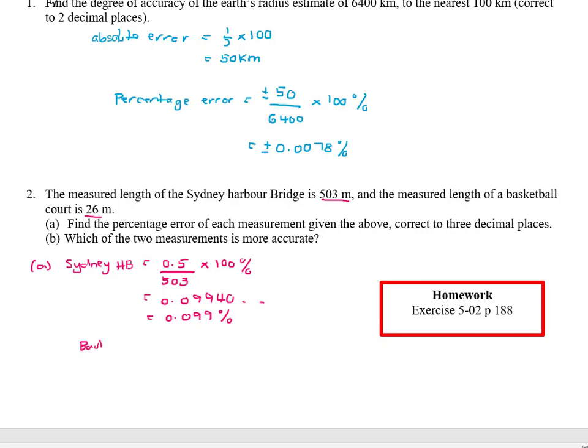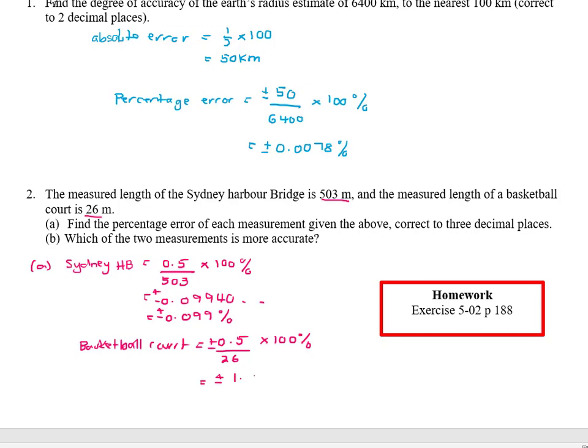The basketball court is going to be plus or minus half of, it's been measured to the nearest 1 metre, so that's half a metre, over my measurement, and I'm going to multiply that once again by 100%. I should probably put a plus and minus, and I didn't do that in the one above. If I put all of that in my calculator, I'm not worrying about the plus or minus, I'm just putting 0.5 over 26 and timesing it by 100.